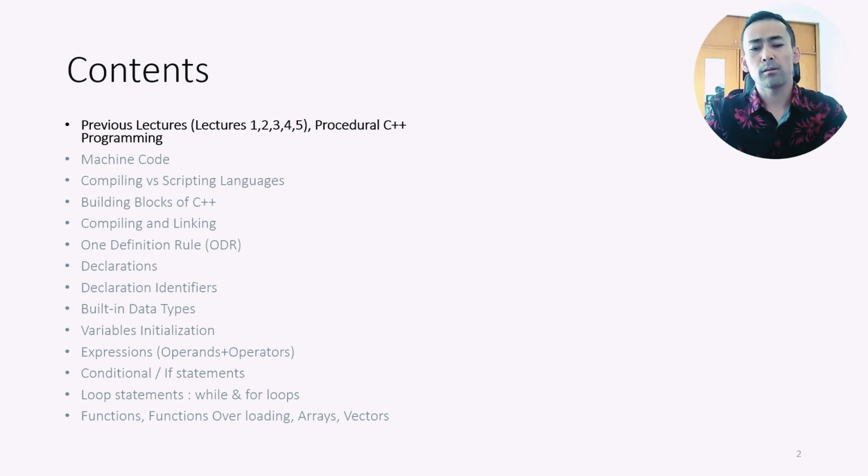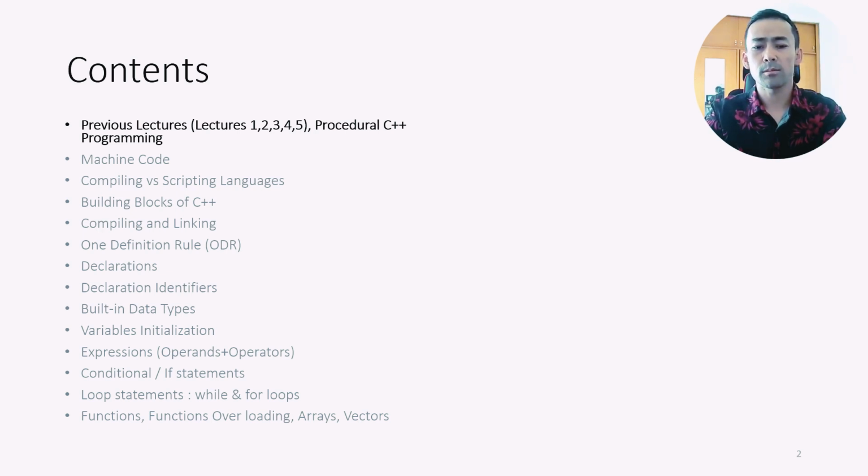We talked about function overloading, and also we talked about arrays and vectors. We said arrays are fixed size sets of numbers with the same data type. We, for example, have a set of integers or doubles, and we can put them in a single array.